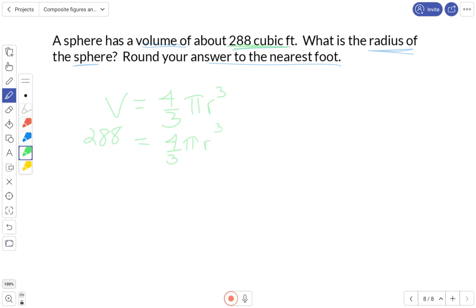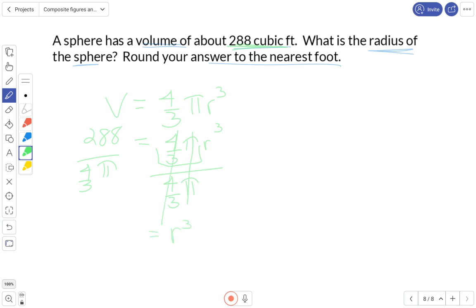Okay? Now, in order to find the radius, just like the last one, I have to get rid of this 4/3 pi. It's being connected with the r to the third power, the radius cubed, with multiplication. So the opposite of multiplying is to divide by 4/3 pi. So on the right side, the pi's will divide out, the 4/3 will divide out, and I will get radius cubed by itself.